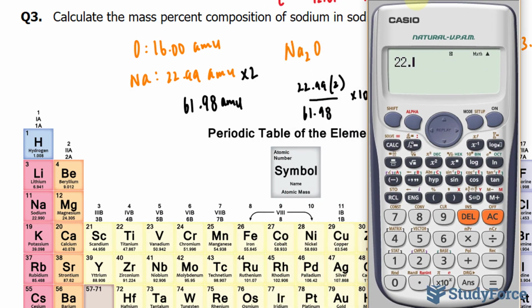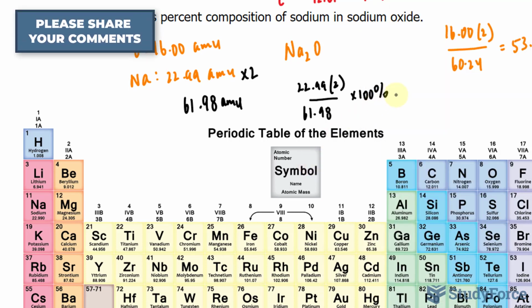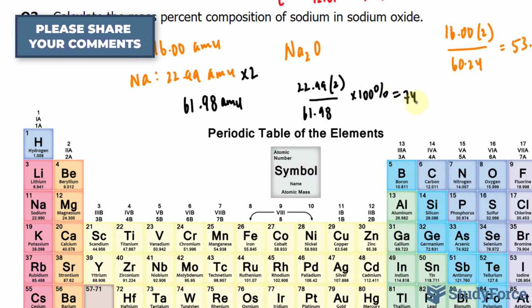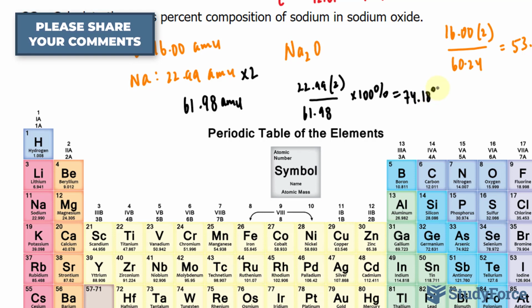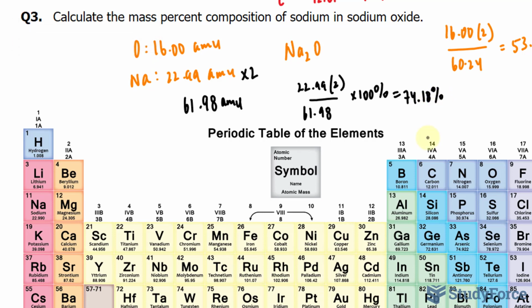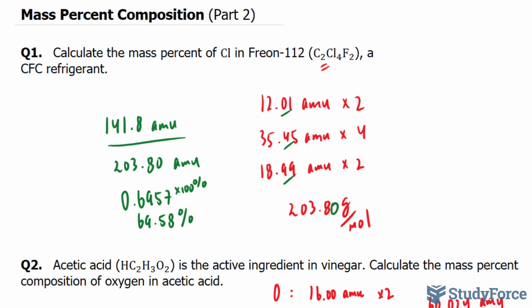We have 22.99 times 2, divide that by 61.98, multiply that by 100, and we end up with 74.18. 74.18% is the composition of sodium within one molecule of sodium oxide. And there you have it. That is how to calculate mass percent composition.